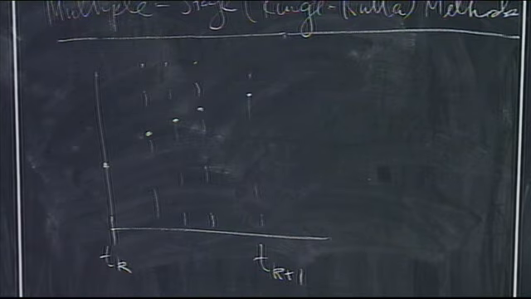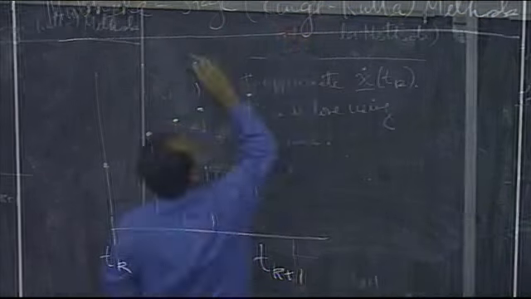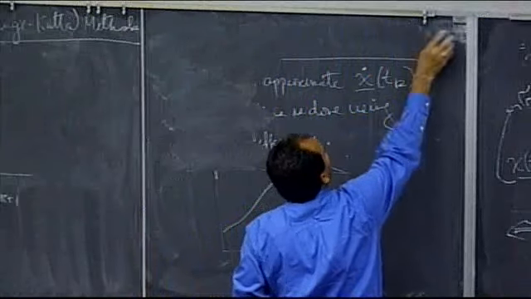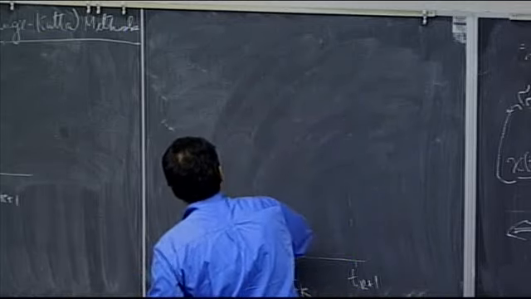A good example of this is what's called the classical Runge-Kutta method, which is the one that people typically use because it's really nice.